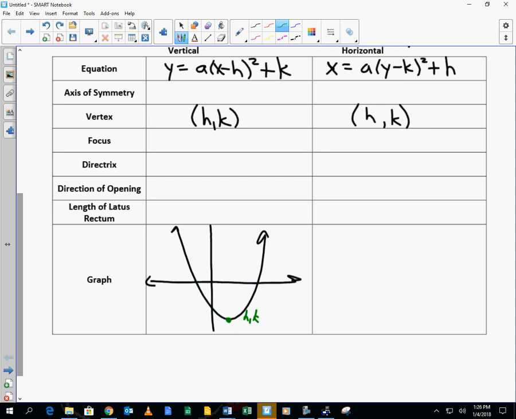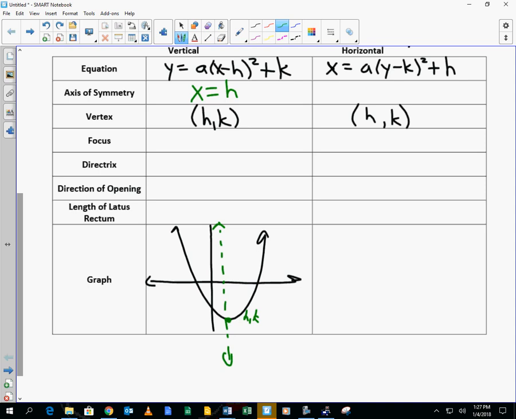Is the axis of symmetry going to run vertical or horizontal in this situation? It's going to run vertical. What is the equation for a vertical line? X equals or y equals? X equals. And what is the x value that it runs through? H. So that's your equation for your axis of symmetry.